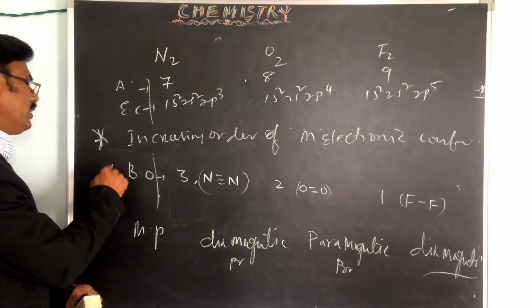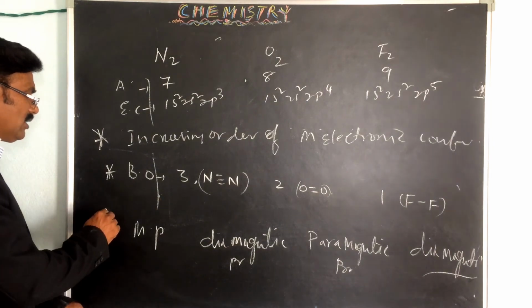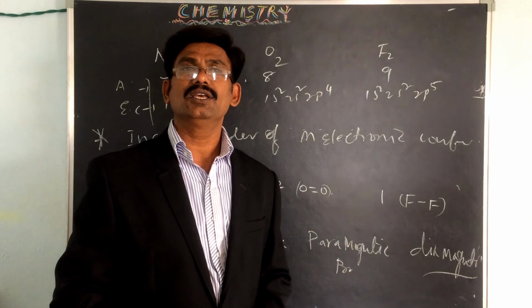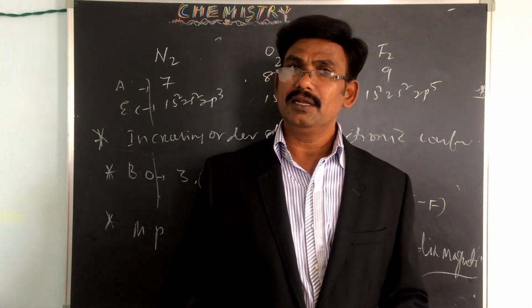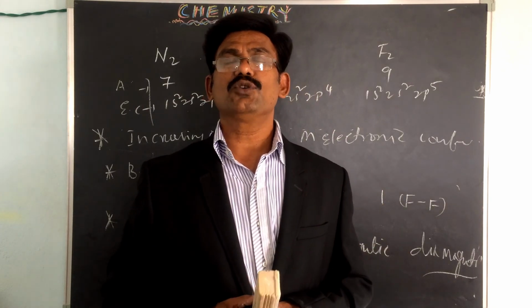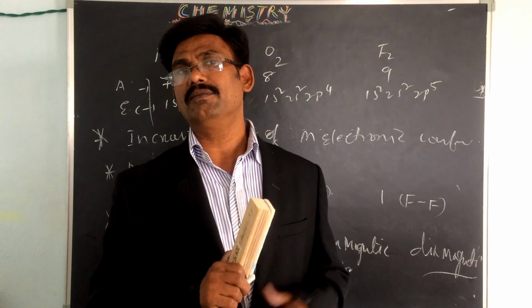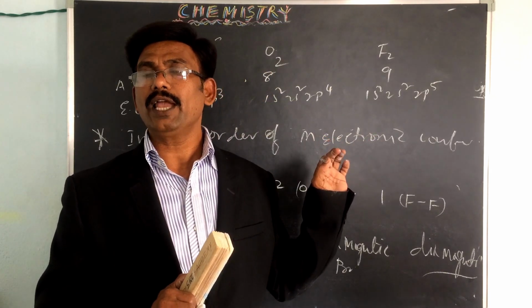Then second importance is the bond order. And third importance is the magnetic property. So these are the things we have to learn. Among these three, definitely one question will come from nitrogen, oxygen, fluorine. Okay? Thank you.